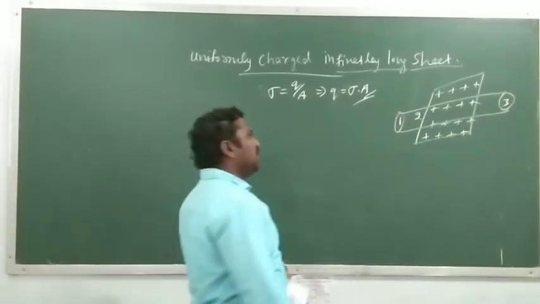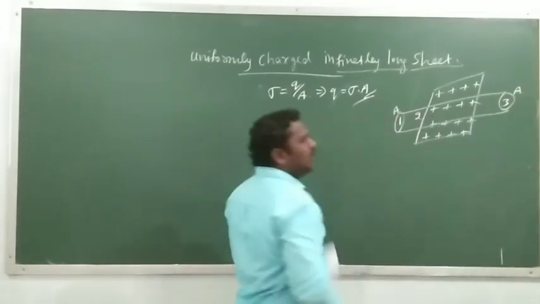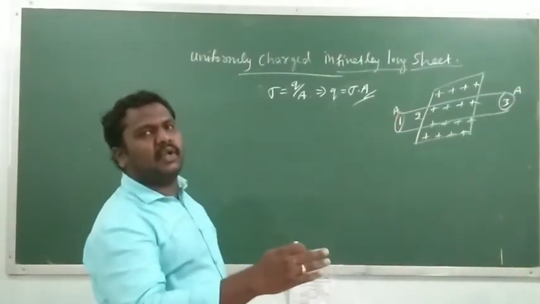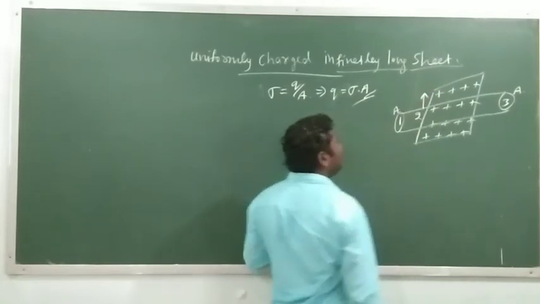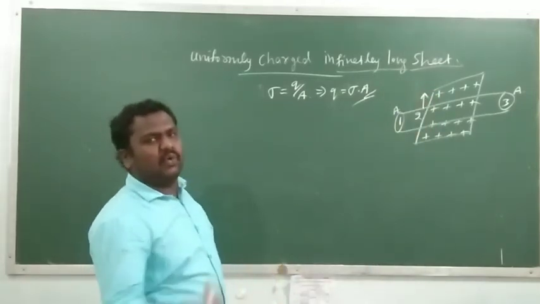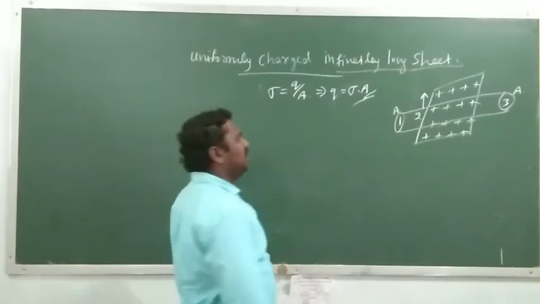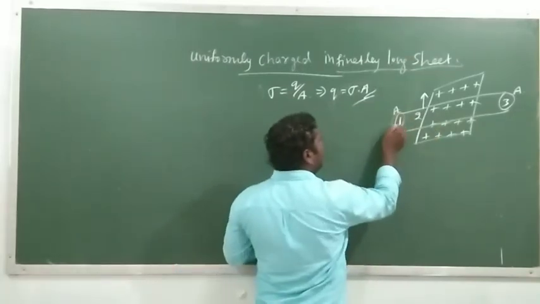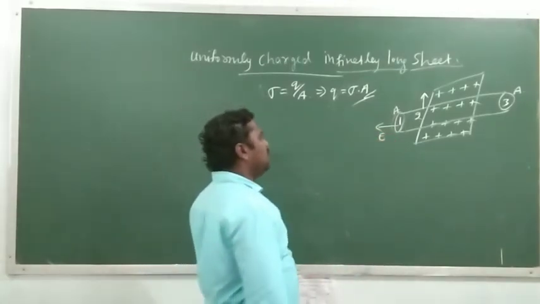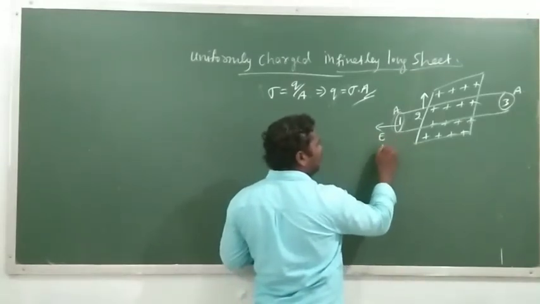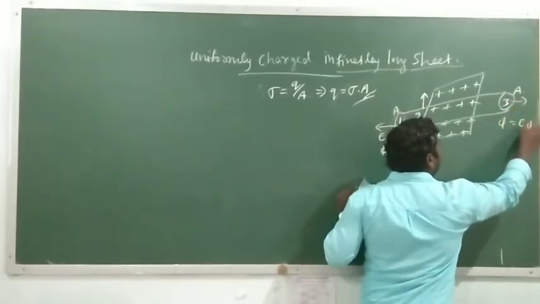The cross-sectional area of the cylinder is A on each end. For the curved surface, the area vector points outwards from the side while the electric field is upwards, so the angle between the area vector and electric field becomes 90 degrees. But for these two surfaces, the electric field and the area vector are in the same direction, so the flux associated with each surface is phi equal to E into A.